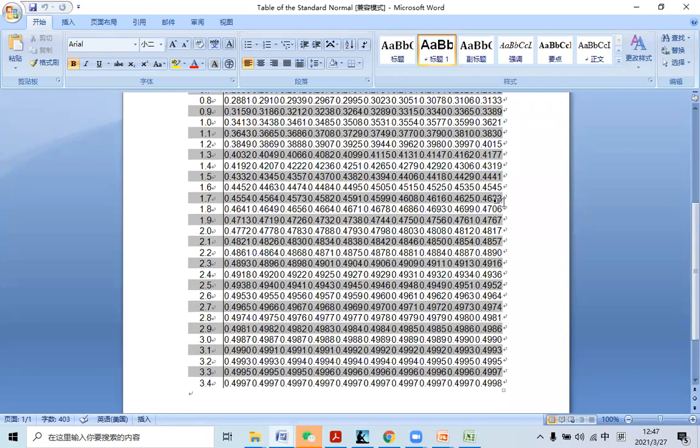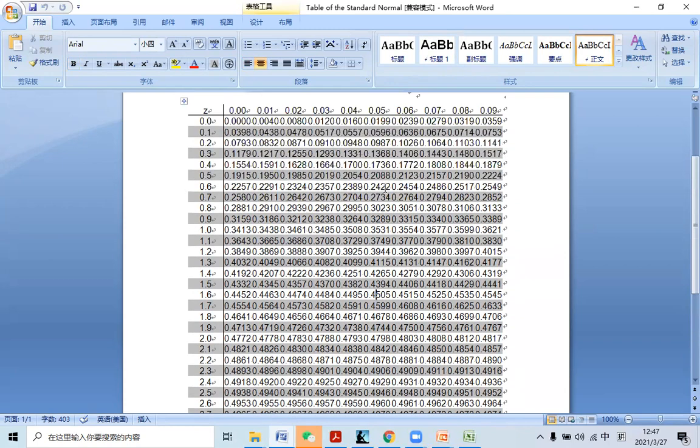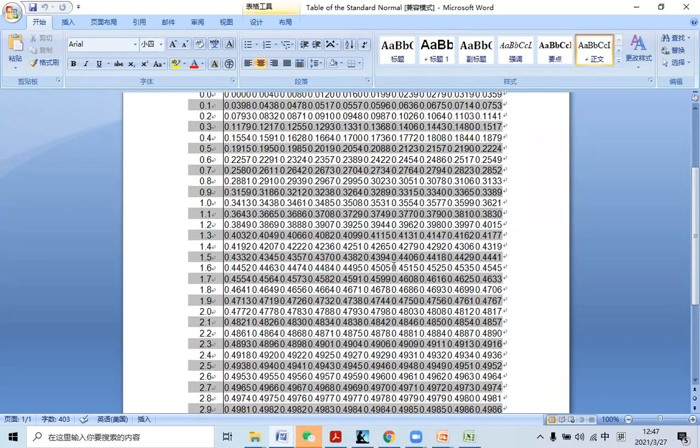Here, 1.6 something. 45 seems to be here. This one is close. 1.65 seems good, the closest one I can get. 45%, 1.65.